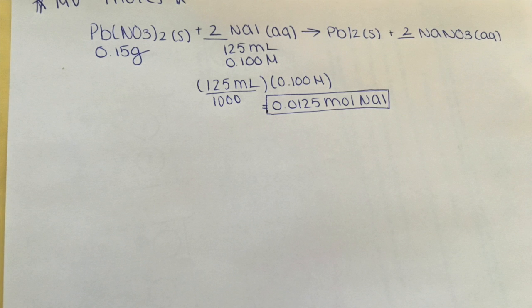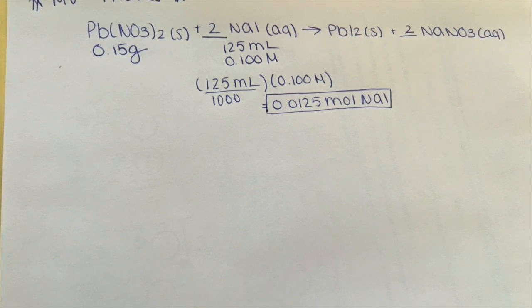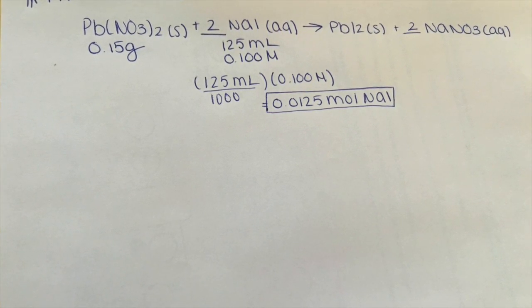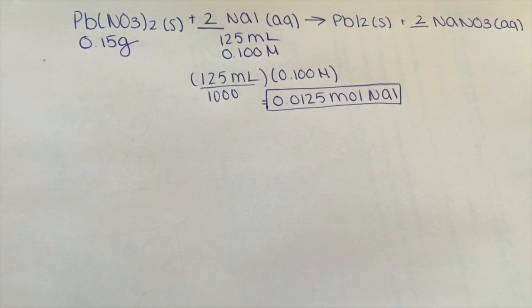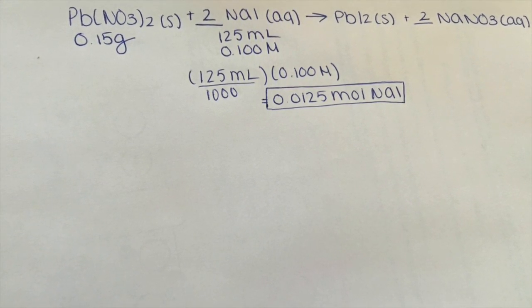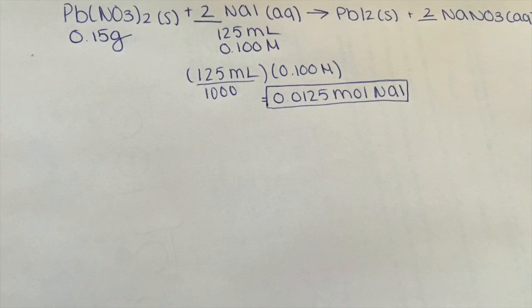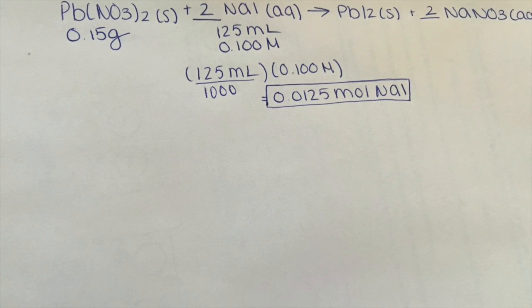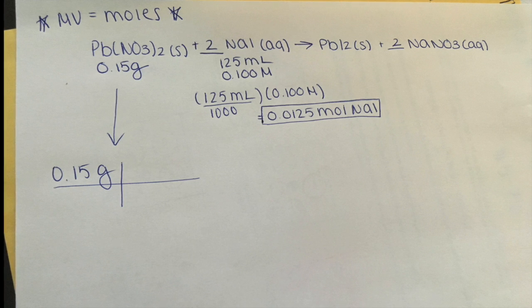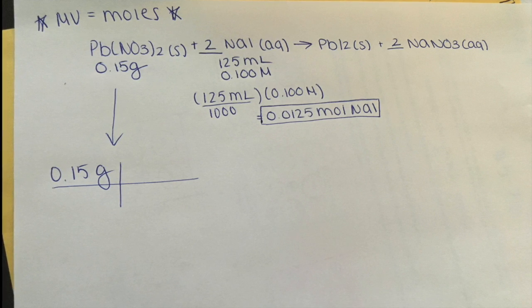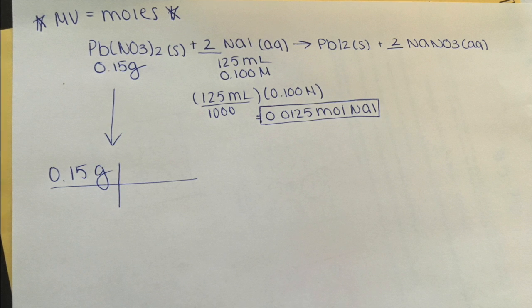To find moles of NaI, we first convert 125 milliliters into liters. Then we multiply that volume by 0.1 molarity and find the answer of 0.0125 moles of NaI. To find the moles of Pb(NO3)2, we simply convert 0.15 grams into moles.